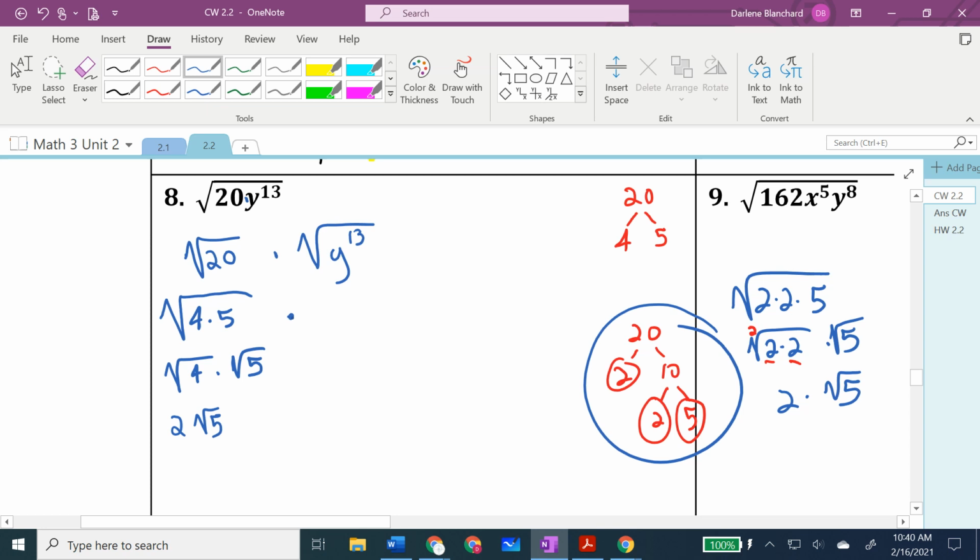Then I need to deal with the variable to a power. With the variable to a power, you can write it as a fractional exponent. There's an understood index of 2, so that means 13 halves. What is 13 halves as a proper fraction?